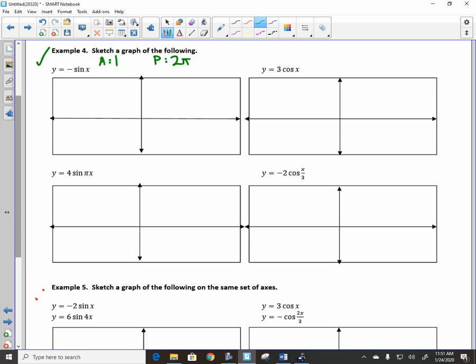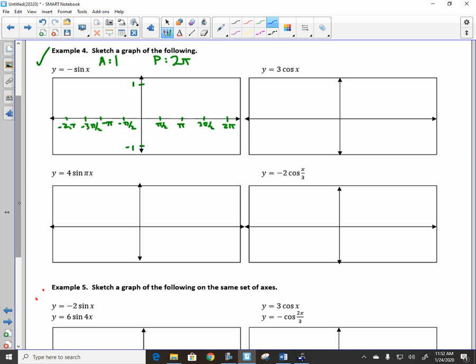So I mark off the amplitude, up 1, down 1. I mark off the period, 2 pi, pi, pi over 2, 3 pi over 2, negative 2 pi, negative pi, negative pi over 2, negative 3 pi over 2.